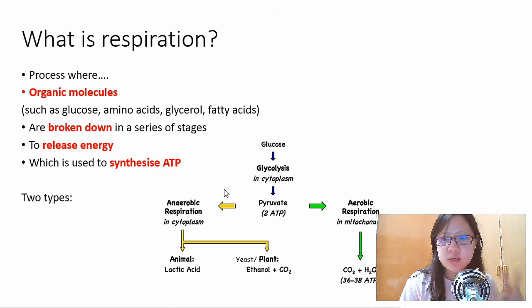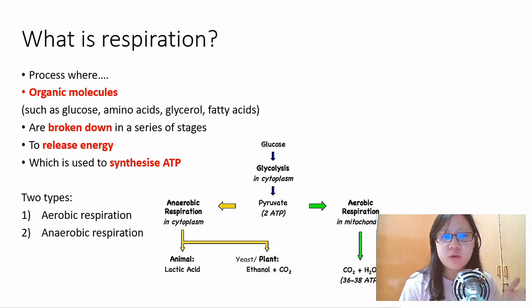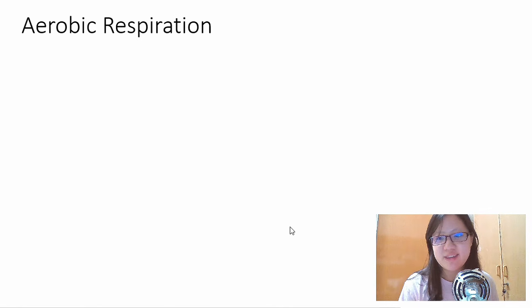There are two types here that we are going to learn in the next few videos. Number one is aerobic respiration, and number two is anaerobic respiration. Aerobic respiration occurs mostly in the mitochondria, requires oxygen, whereas anaerobic respiration does not require oxygen. Don't worry about glycolysis just yet, I'm getting there.